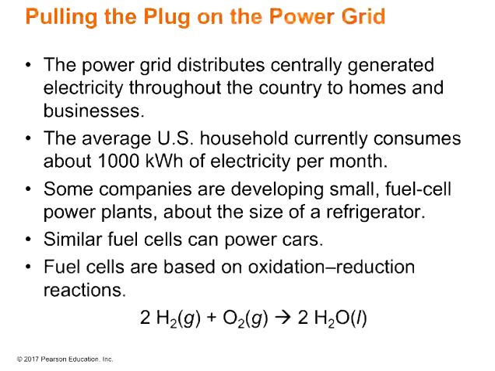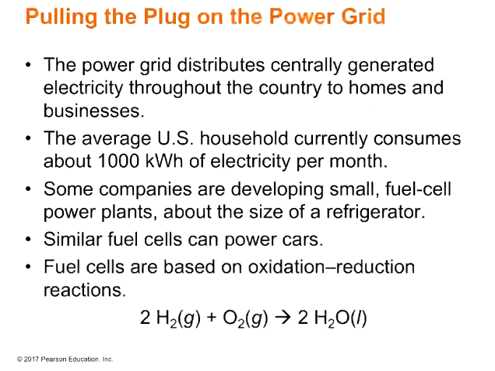So currently, most homes and buildings get their electricity from a power plant, for instance, and it's called a power grid, which distributes electricity throughout the country. The average U.S. household currently consumes about 1,000 kilowatt hours of electricity per month.